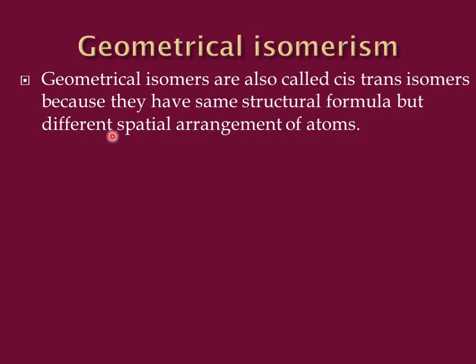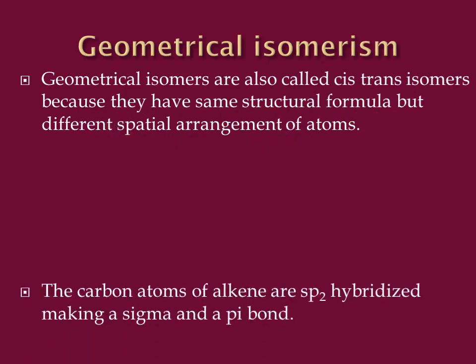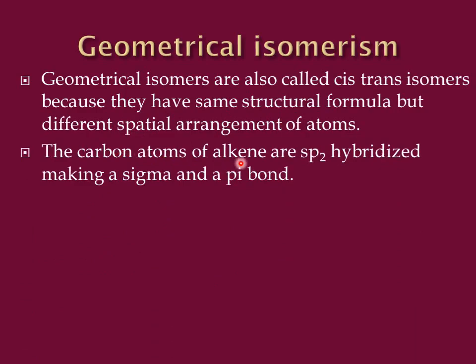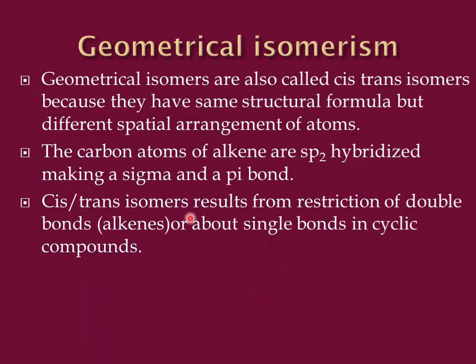The carbon atoms of alkenes are sp2 hybridized, making a sigma bond and a pi bond. Cis-trans isomers result from the restriction of rotation across the double bond in alkenes or about the single bond in cyclic compounds.